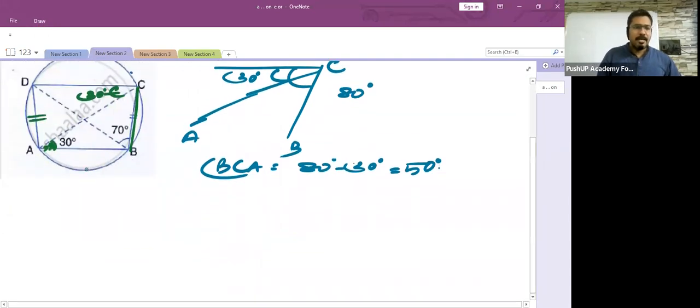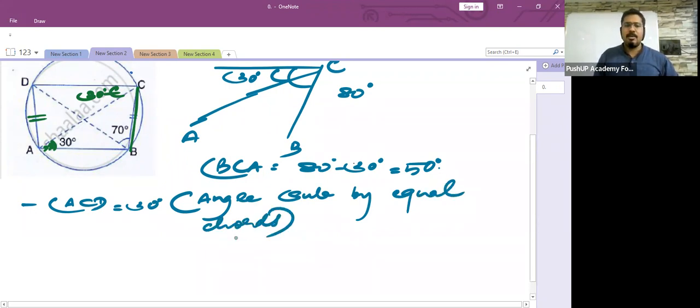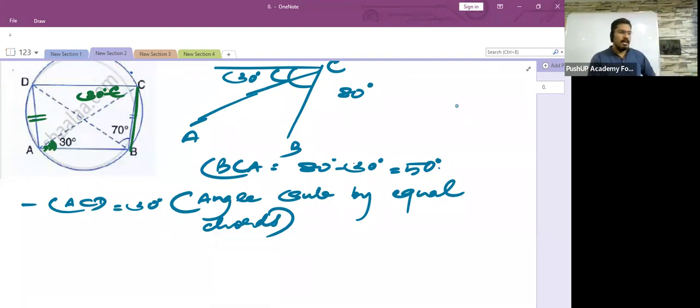Children, the first statement that you will make is, angle, silence, listen to me. Angle ACD is equal to what? 30 degree. Angle subtended by equal chords. This is the appropriate reason which you can mention. Angle ACD is equal to 30 degree, angle subtended by equal chords.